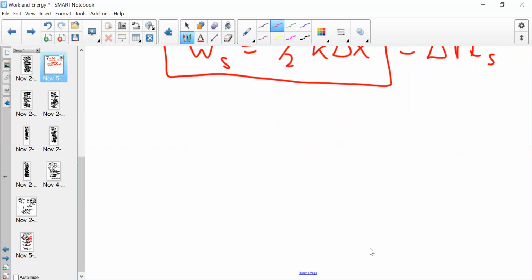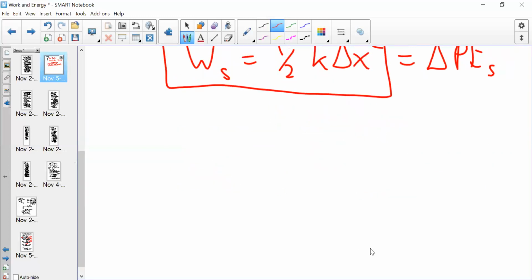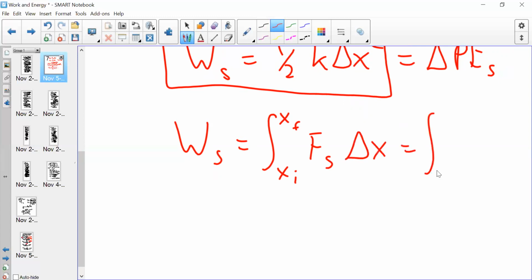Calculus here. The work done by the spring will be equal to the integral, with limits from the beginning point to the final point, final minus initial, of the force of the spring times delta x, but in calculus nomenclature this delta x becomes dx.